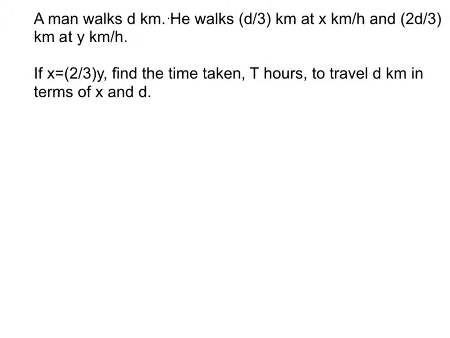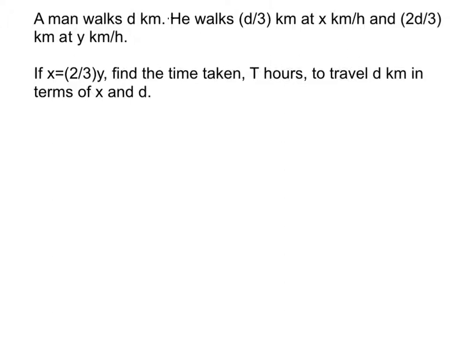Now for this third part, it's telling us that if x is equal to 2/3 of y, find the time taken, t hours, to travel d kilometres in terms of x and d. So this is starting to turn into a bit of a simultaneous equations type question, where we've been presented with a second expression which we'll be able to use to cancel something out.